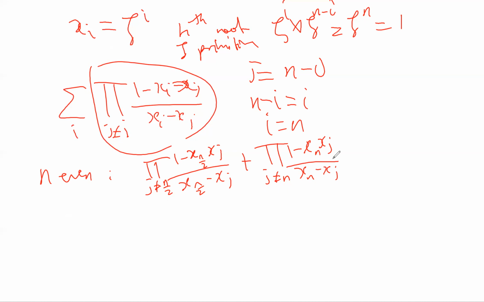Okay, so let's evaluate these terms, shall we? So what are these terms? This one is equal to the product of 1 minus psi to the j plus n on 2 over psi to the n on 2 minus psi to the j.